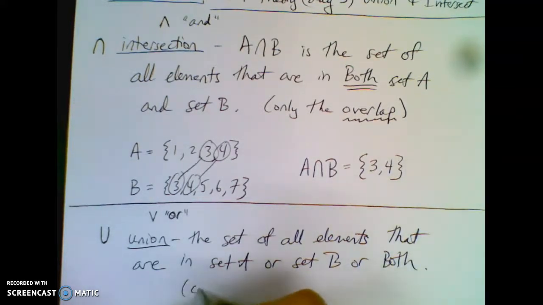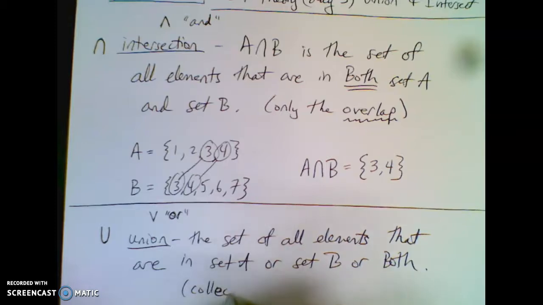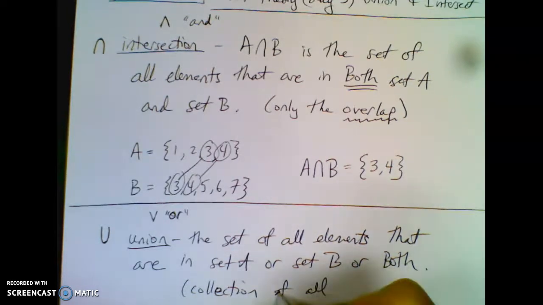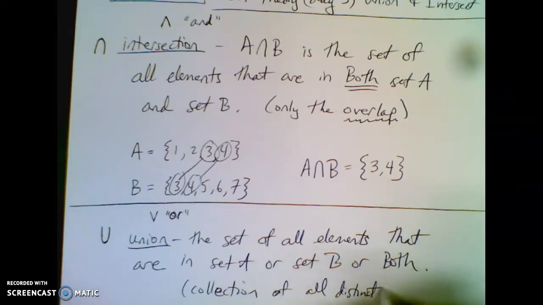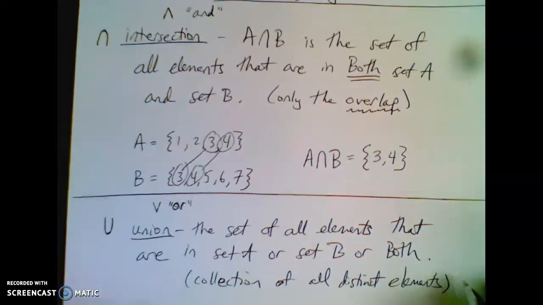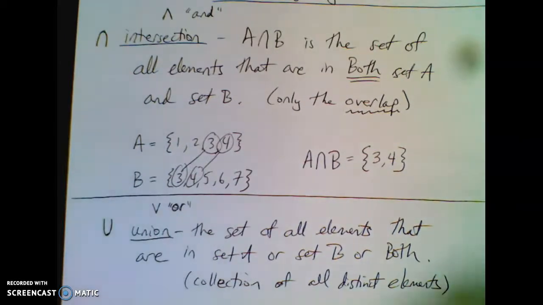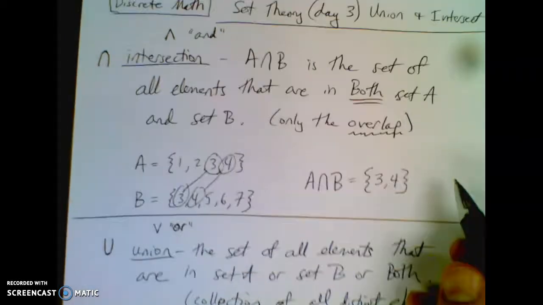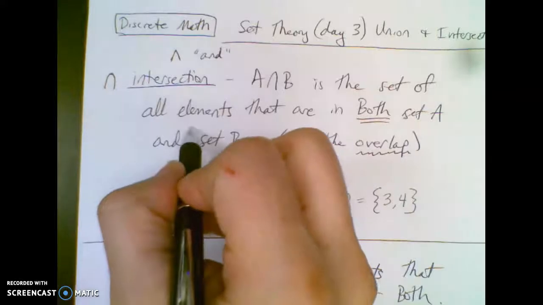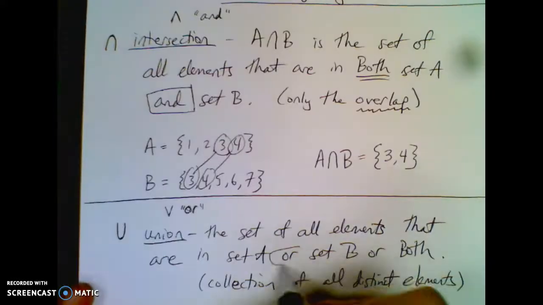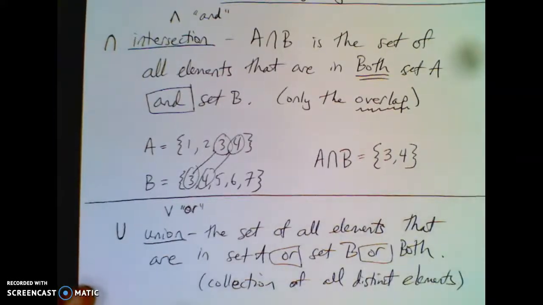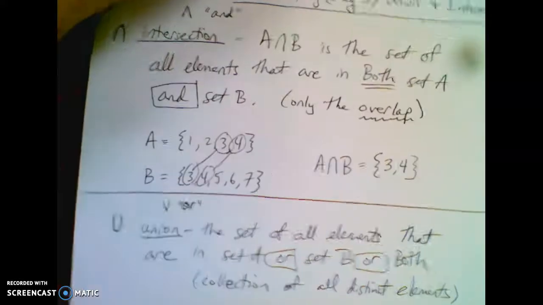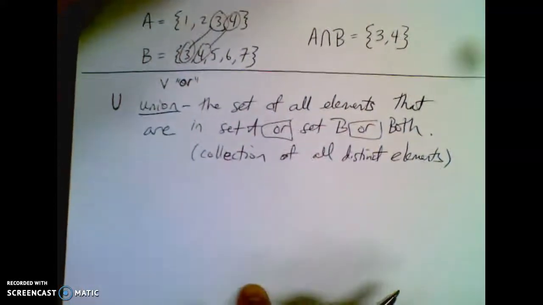So basically it's a collection of all the distinct elements. Distinct is a better word than different. Okay, so yeah, you have the word and here, you have the word or show up a couple places here. That's how you want to think of it. Intersection is and, union is or.